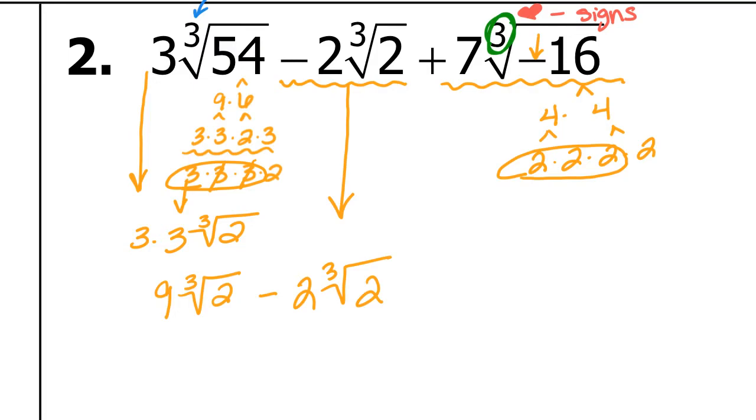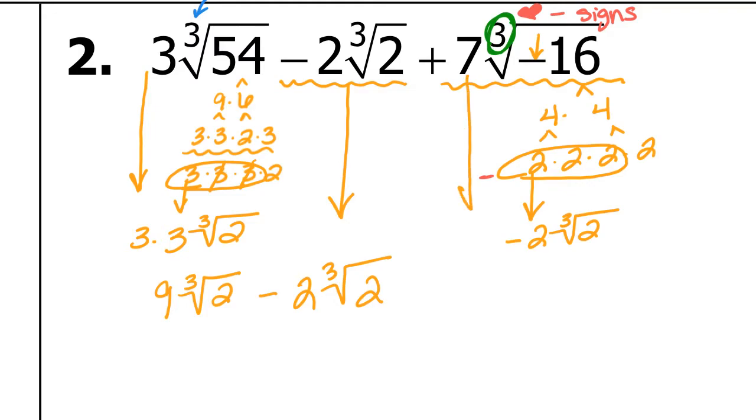And since I have an odd index, odds love the negative sign, so I'm going to make sure that my negative comes out with my 2's. So my first 2 comes out, and it's going to carry that negative sign because odd indexes love negative signs. And unfortunately, I have a 2 that's left behind.